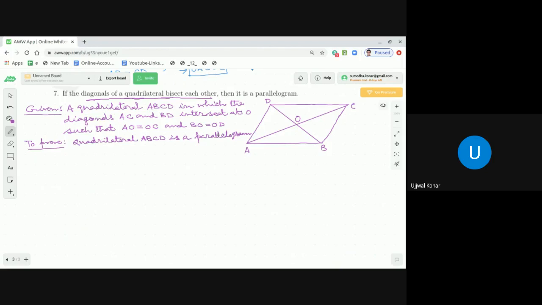Okay. Now, how are we going to prove it? So now we are going to prove it.